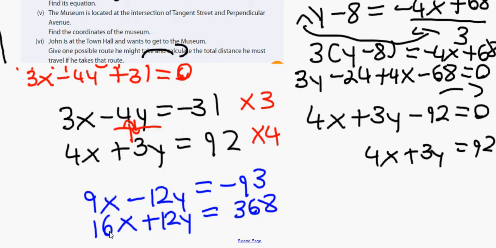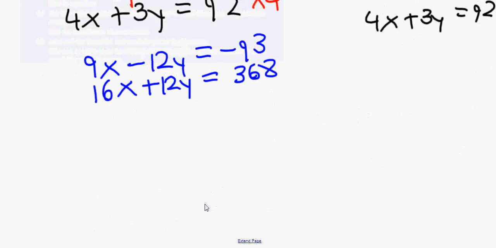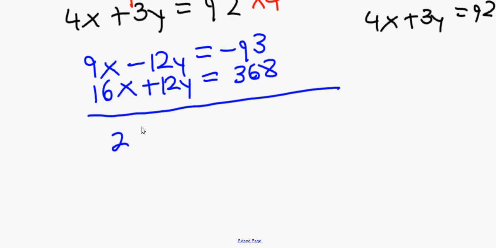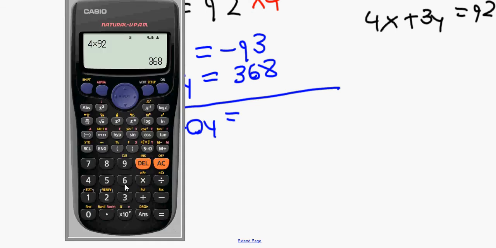So what's going to happen next is we're going to extend this up, and what we're going to get is 25x. I'm going to add that down, plus 0y equals 368 minus 93. Or sorry, 368 minus 93, and what we get is 275.